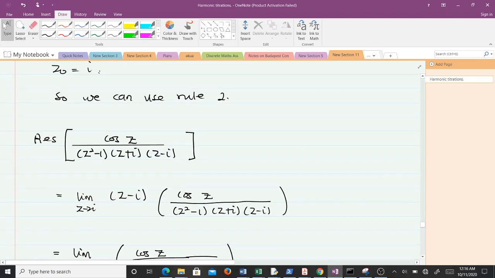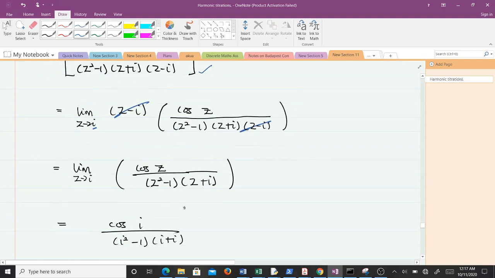Rule 2 says that the residue will be equal to the limit as z approaches z naught, in this case z naught is i, of z minus z naught, in this case z minus i, times the function. You can see that this cancels that, so we'll be left with this.